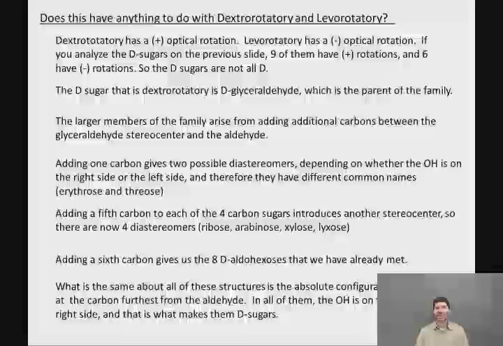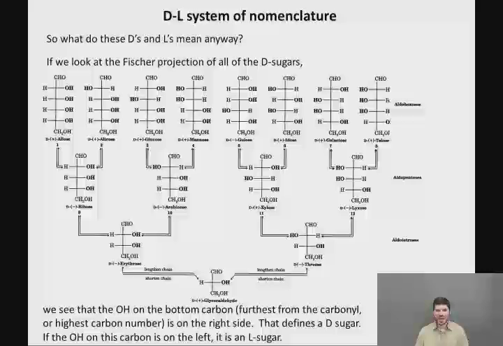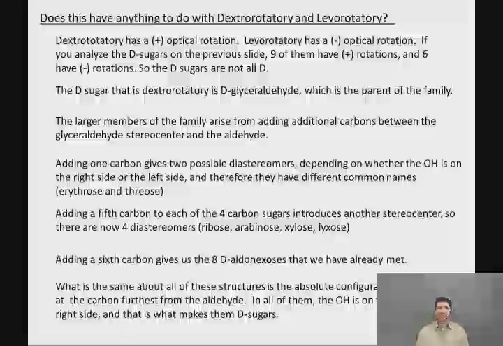So if you analyze the D sugars on the previous slide, 9 of them have positive rotations and 6 of them have negative rotations. Okay, so negatives are glucose, ribose, arabinose, lysose, erythrose, and threose. The rest are positive. So the D sugars are not all dextrorotatory.